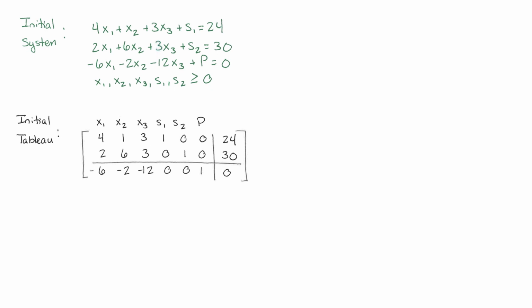Row 2 represents the second constraint. So 2, 6, 3, 0, 1, 0, 30. Row 3 represents the objective. So we have negative 6, negative 2, negative 12, 0, 0, 1, 0.